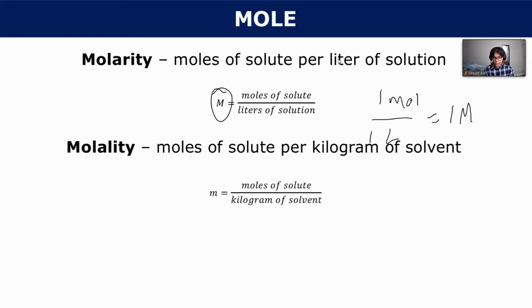And the next one is molality. And I don't know why they named it that. It looks basically the same. It's just 1 letter is different, but they're very different. So molality is moles of solute per kilogram of solvent, and it's signified by little m right here.